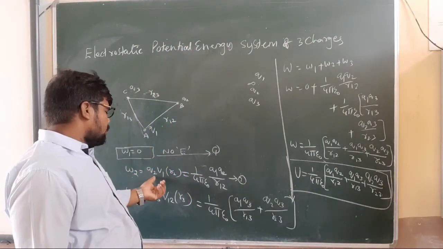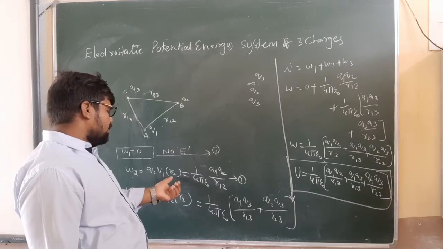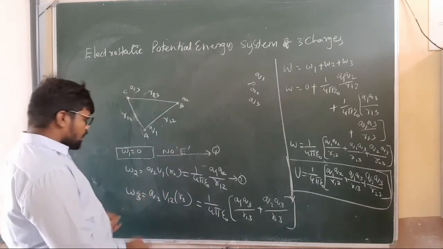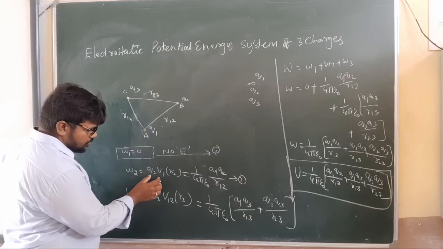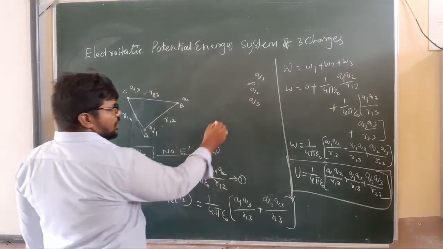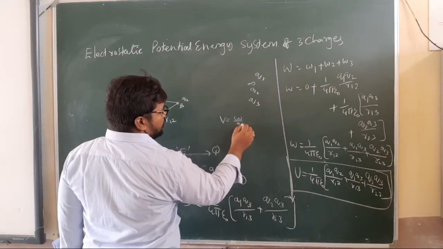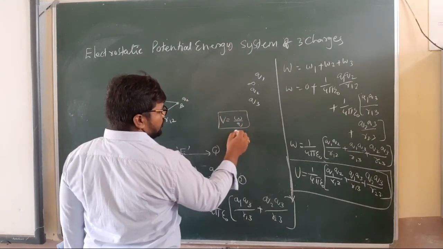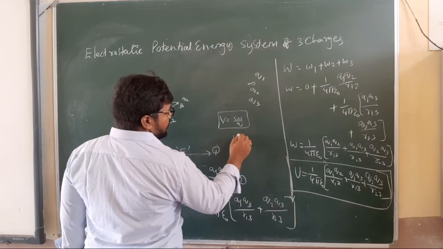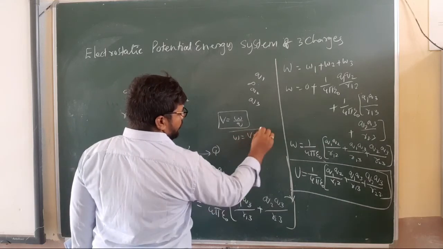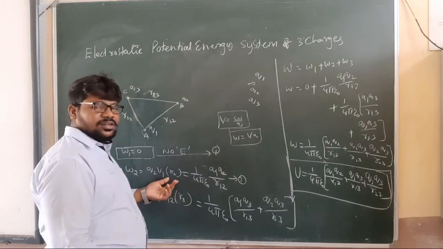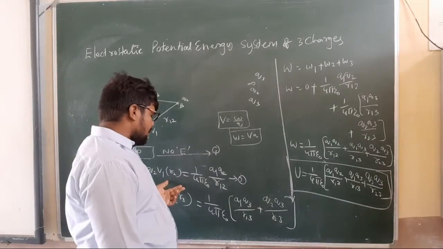Work done 2 is Q2 V1 with respect to R2. So how can we get this equation, W2 is equal to Q2 V1? We know that in the previous case potential is equal to work done per unit charge. From this, we get work done is equal to V into Q, with respect to position. With respect to position, we have to take this equation.